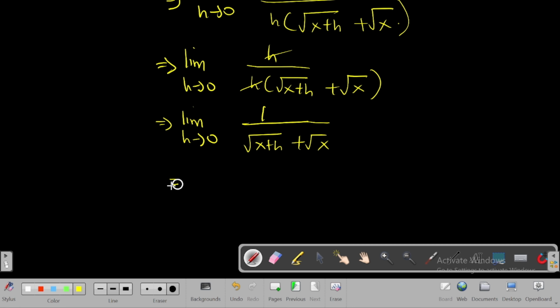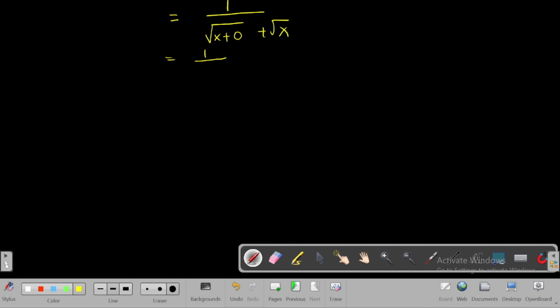So our gradient or our slope becomes 1 over square root of x plus 0 plus square root of x, and this gives us 1 over the square root of x plus the square root of x. And then from here we can see that is 1 over, since our terms are alike, this is the same as 2 root x. Okay, so now this becomes our slope, right, or our gradient function, right?